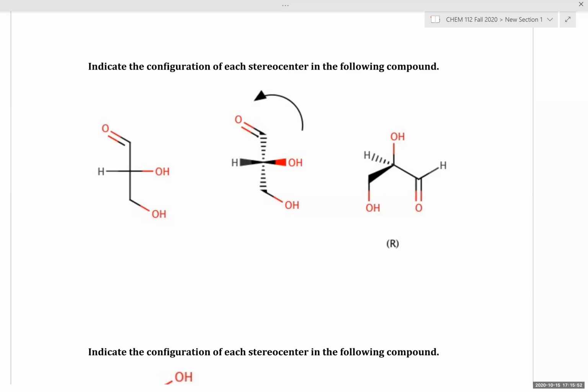So there are many different ways to draw organic molecules, and it's important that we're familiar with these different depictions of organic molecules because different subfields will often utilize different ways of drawing and depicting organic molecules. Okay, so let's now turn on the camera and let's share our model.